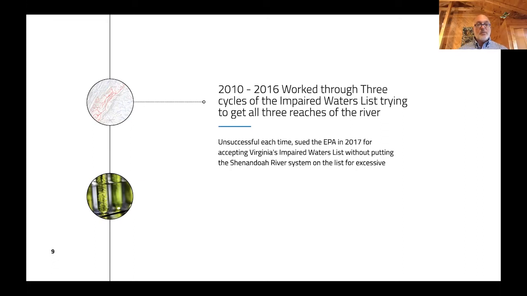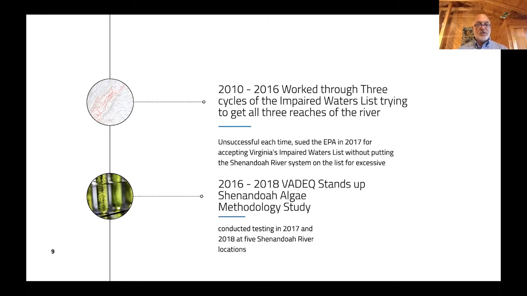And each time we went through this cycle, quite honestly, we failed. The first time Virginia DEQ came back and said, listen, we understand that there are issues in the river, but Virginia has no numeric nutrient limits for free flowing streams, so we have nothing to judge it by.